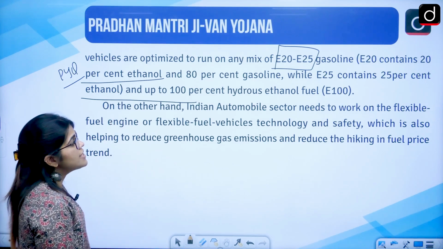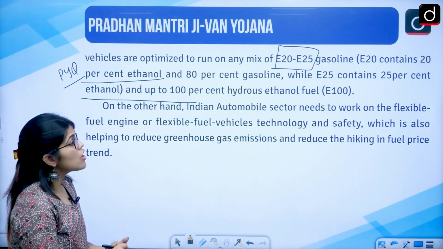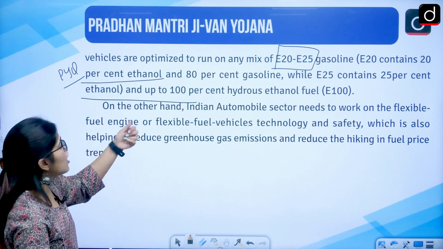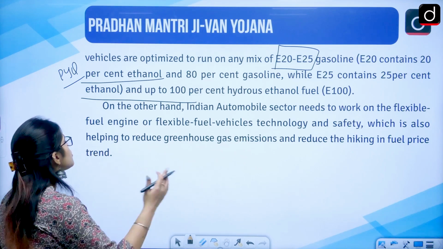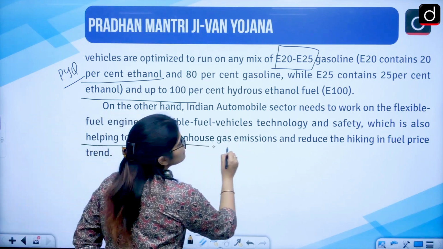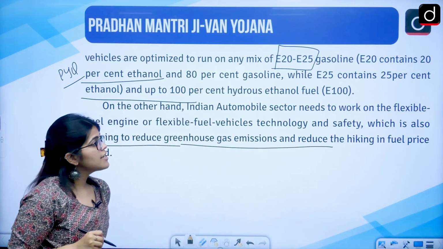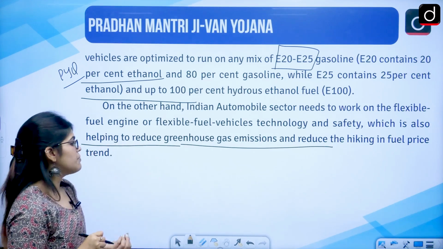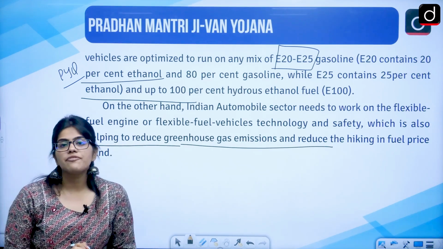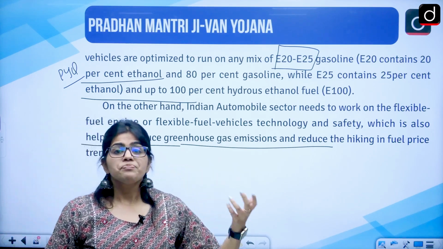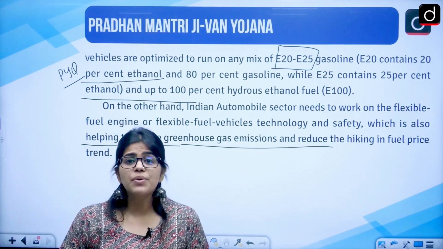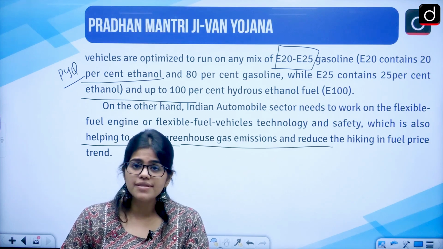On the other hand, the Indian automobile sector needs to work on flexible fuel engines and flexible fuel vehicle technology and safety, which is also helping to reduce greenhouse gas emissions and the hike in fuel price and the different trends that we have. At COP26 in Glasgow, we came up with many initiatives that India wants to take.